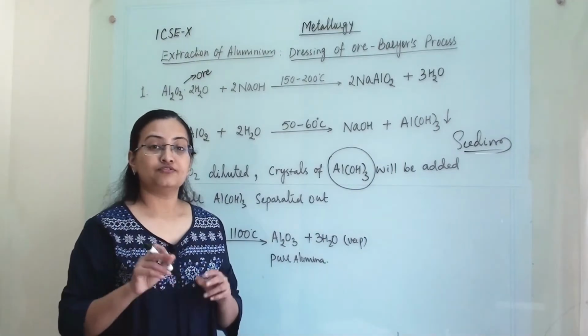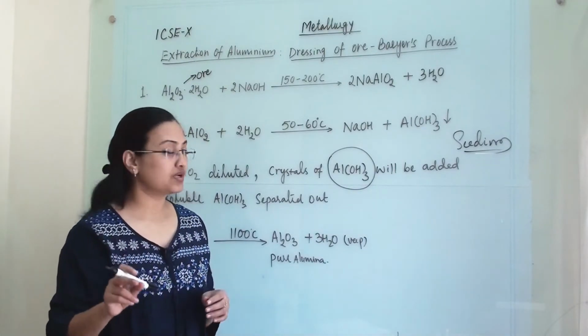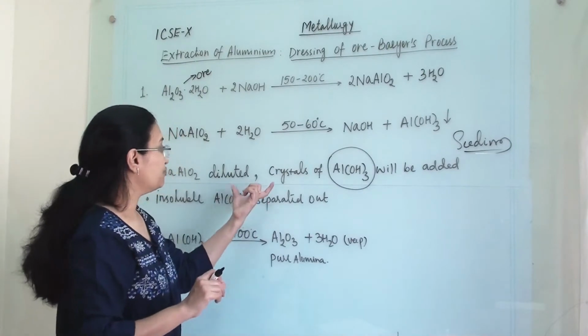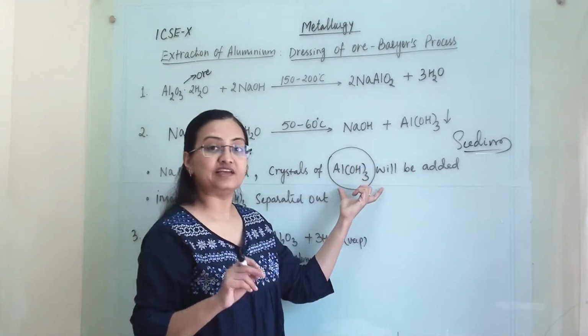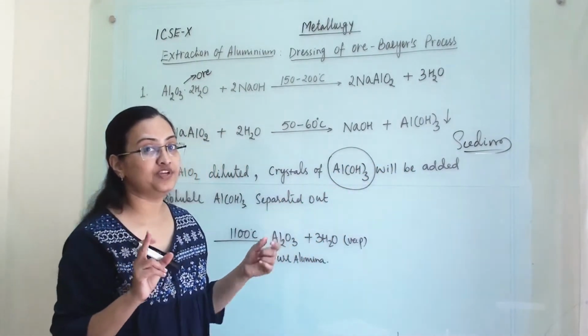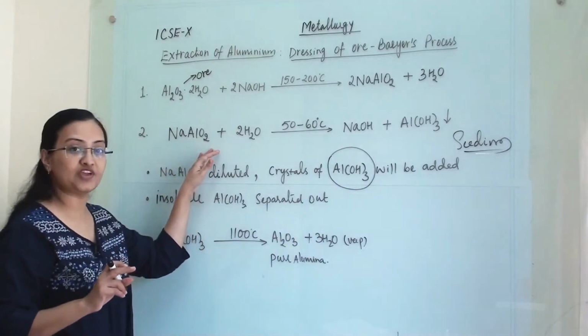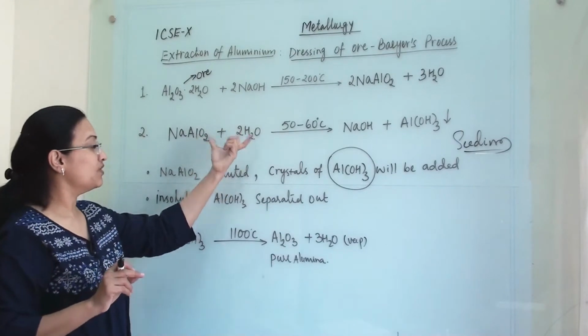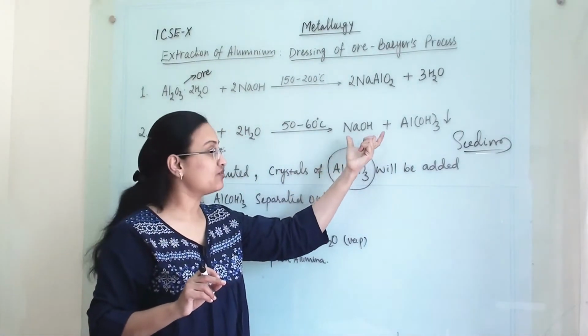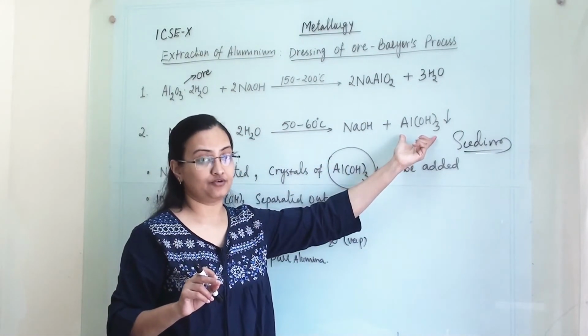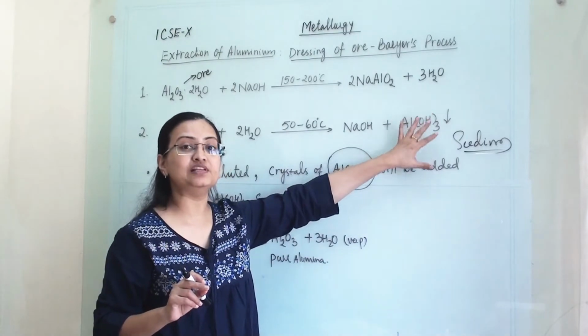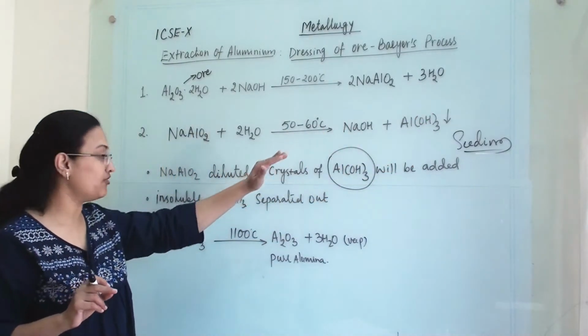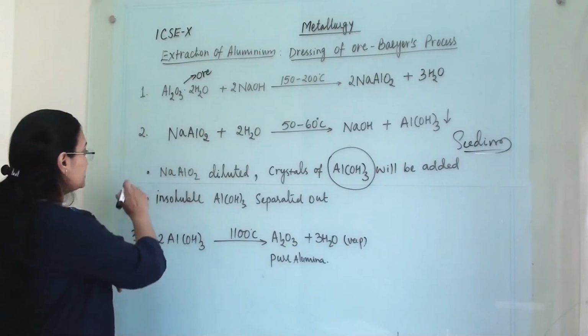If you want to check the seeding process, you can check the description. So with the process of seeding, we will get crystals of aluminium hydroxide. So in this step we are doing hydrolysis. In this hydrolysis step, we will get sodium hydroxide and aluminium hydroxide. This aluminium hydroxide will precipitate out in the form of crystals. Now this is the second step.